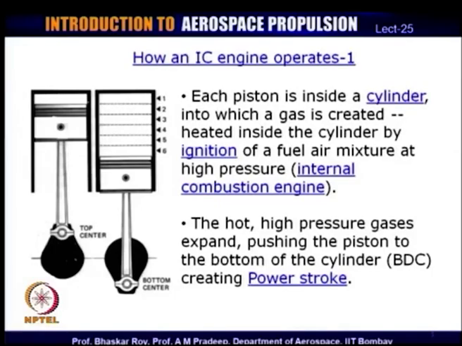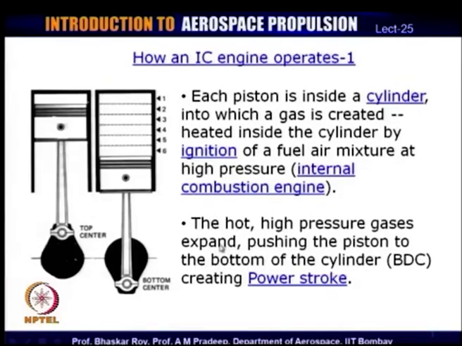Now, what we see here is a piston which is enclosed within a cylinder, and as the ignition occurs, the fuel air mixture is burnt and a high pressure is created somewhere at the top of the cylinder over here, and that high pressure then activates the piston. So, this movement of the piston is created by the hot gas, and that creates what we have already called the power stroke.